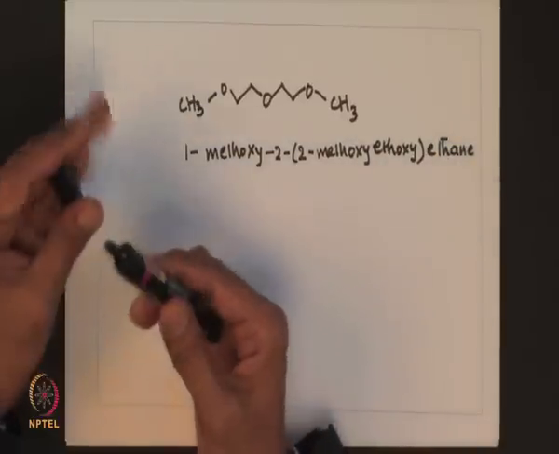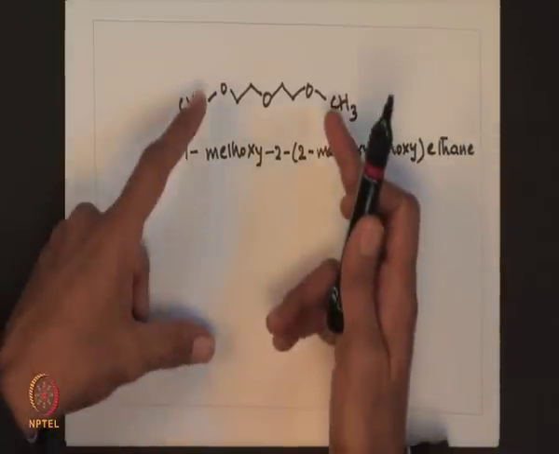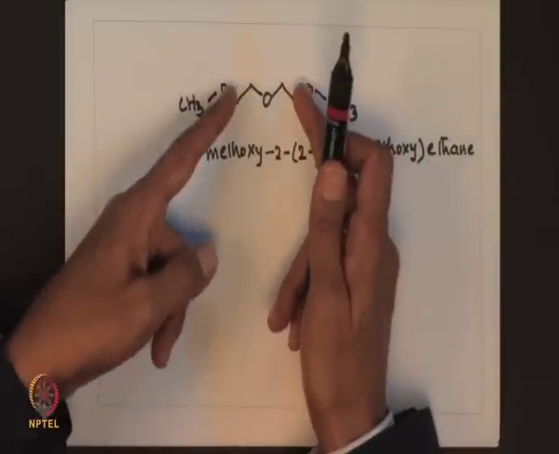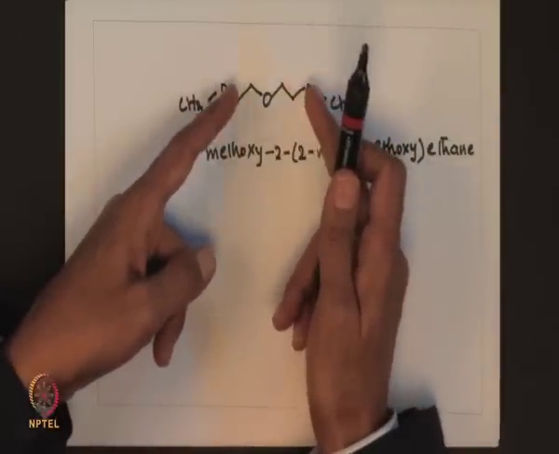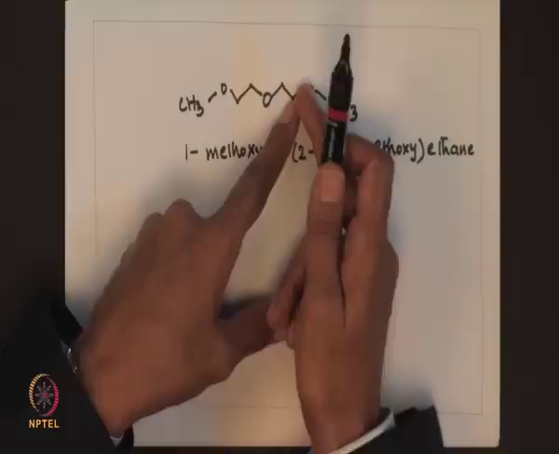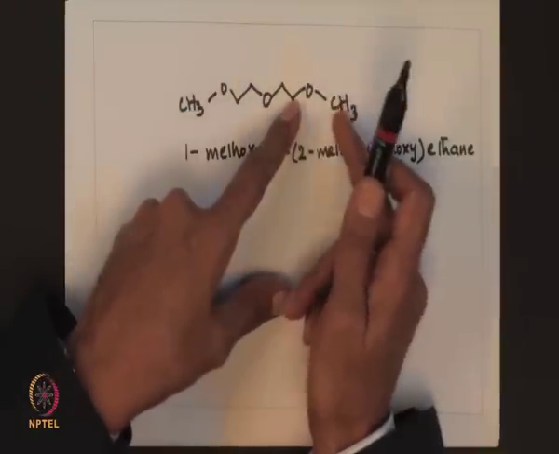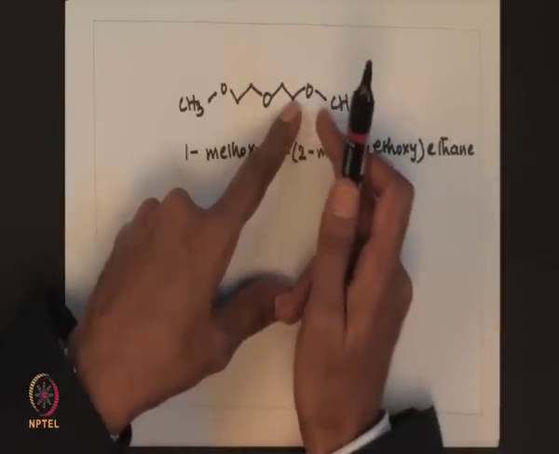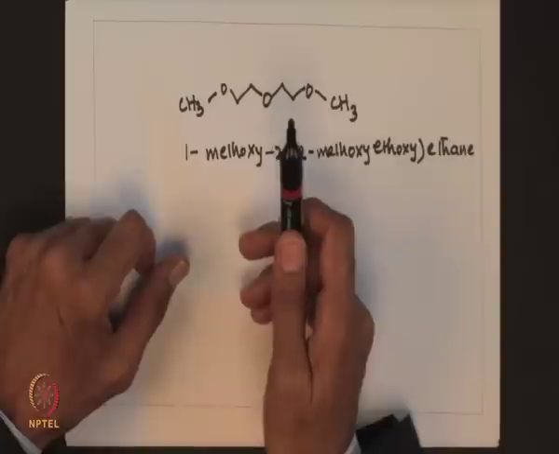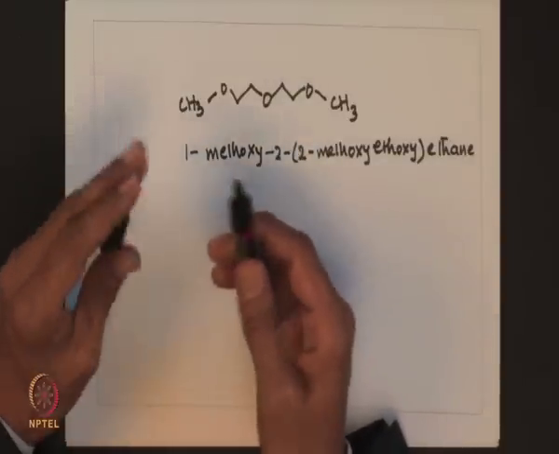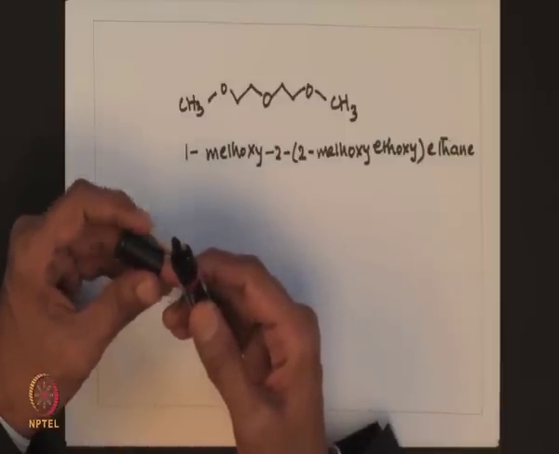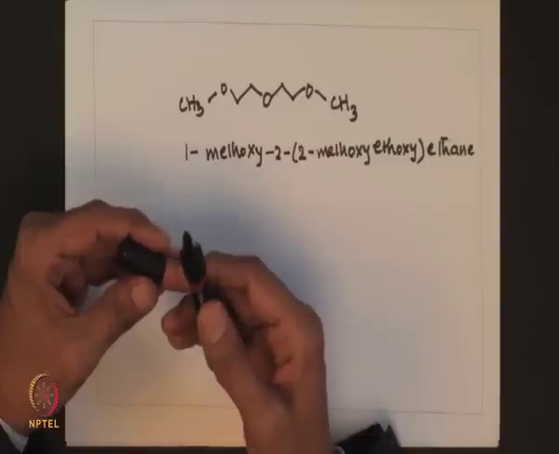This can also be called 2-methoxyethyl ether. This portion, if you just see, is diethyl ether, and one of the H on CH3 is taken out in both cases, and that H is replaced by an OCH3 group, a methoxy group, and hence the name. It is also called di(2-methoxyethyl) ether, and another alternate name for diglyme is diethylene glycol dimethyl ether. Similarly, if you need an even higher temperature, you can conveniently use another polyether called triglyme.